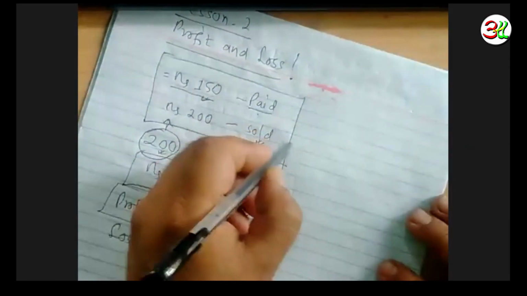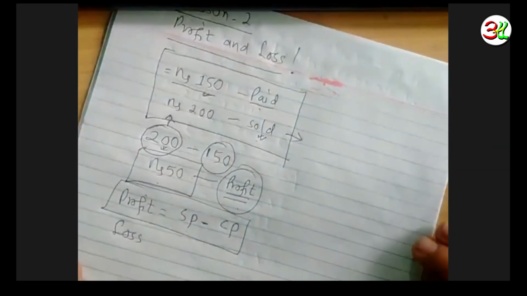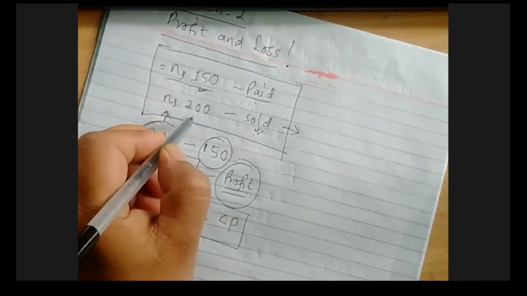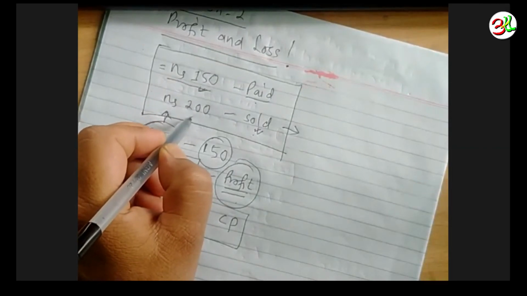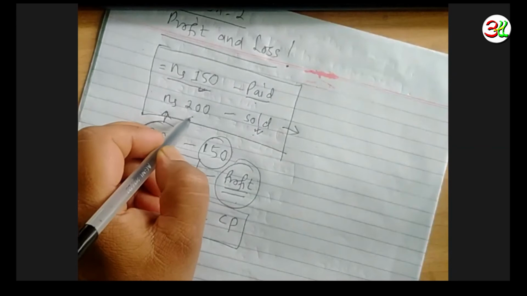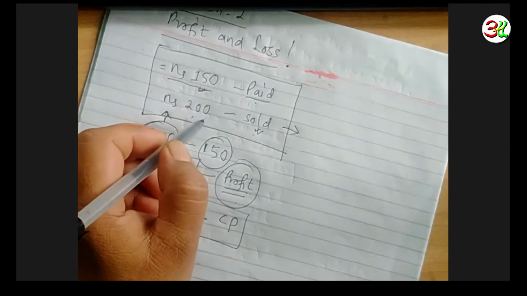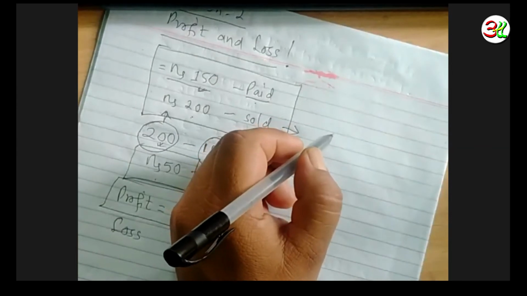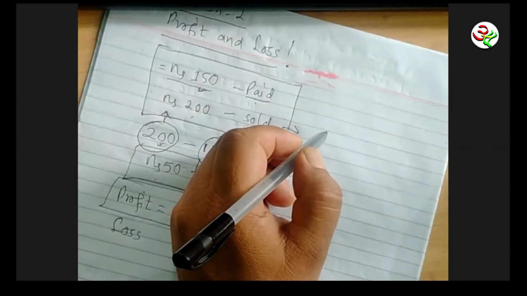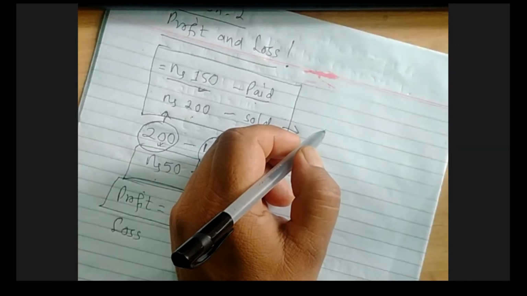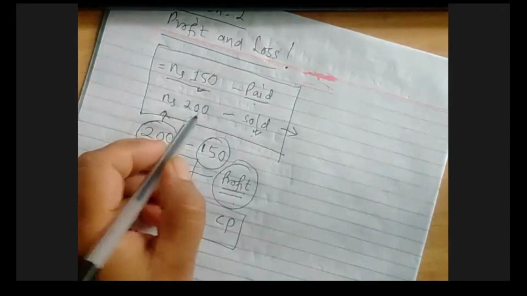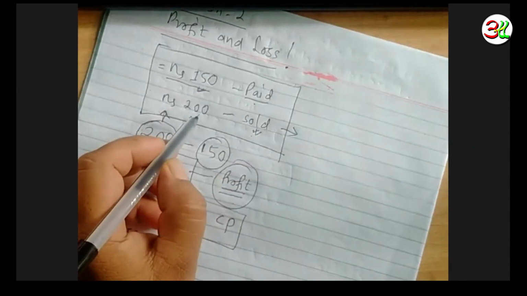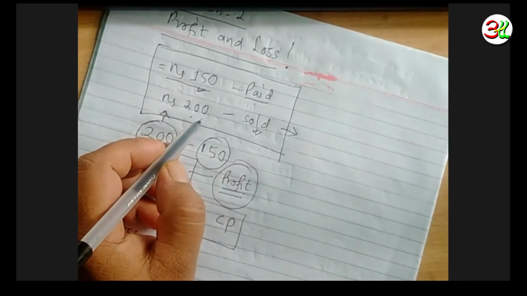And loss equals to, okay, suppose again Razal was going home, taking the medicine that he had bought for rupees 200 from Anita. On the way, he met Ayusha.